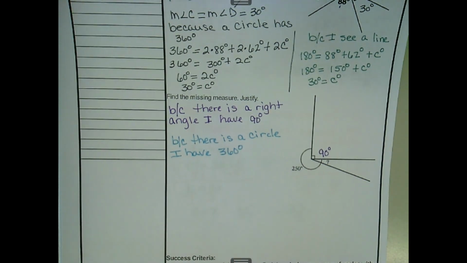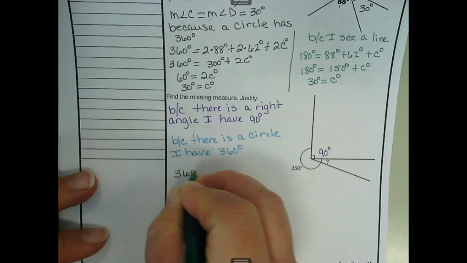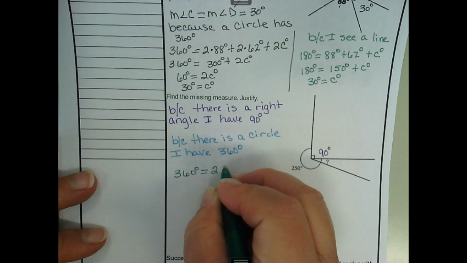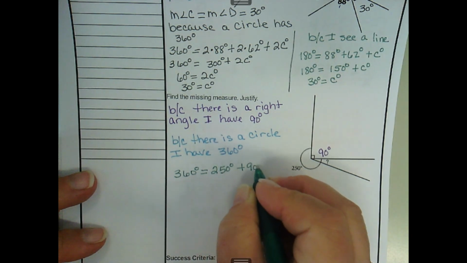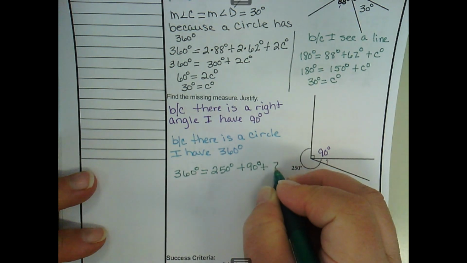Put it all together. 360 degrees is equal to 250 degrees plus the 90 degrees plus my question mark degrees.